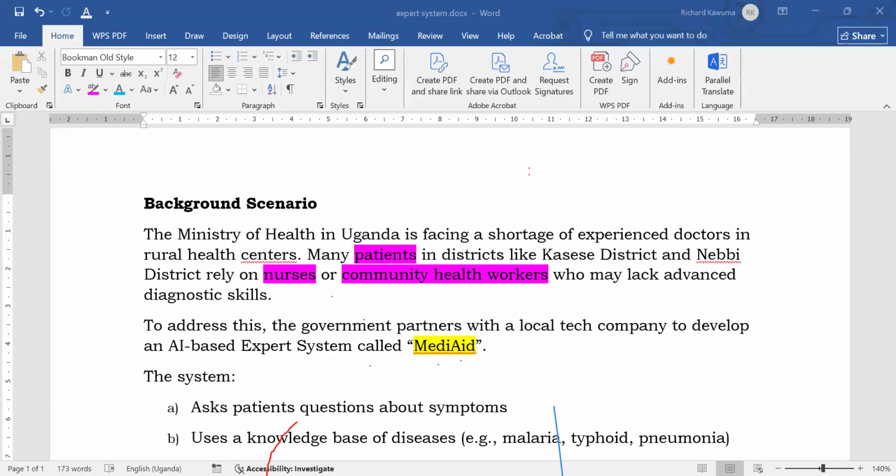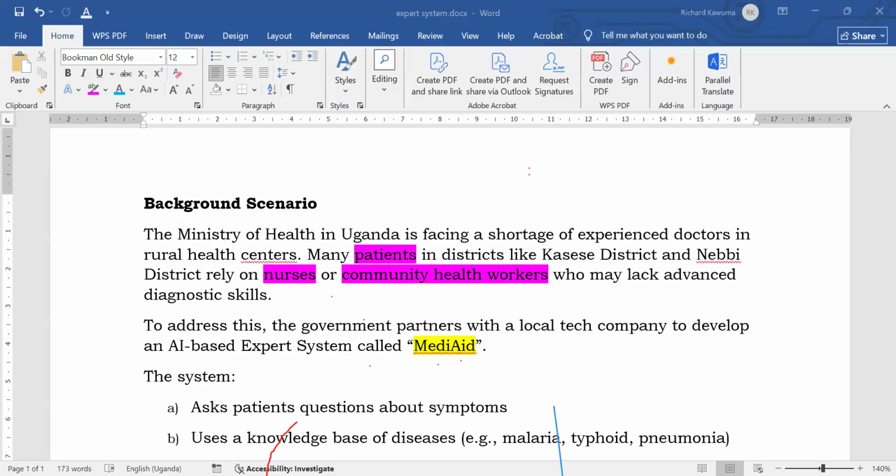Or this patient, even if he doesn't go to the health center and stays at home, maybe you have made a mobile application, the patient sits at home and enters these symptoms. And the mobile application tells the patient what is wrong, then the patient just goes to pick medicine from the pharmacy or from the health center. Or if he's a community worker, he's moving within the community and finds a patient in the house sick.